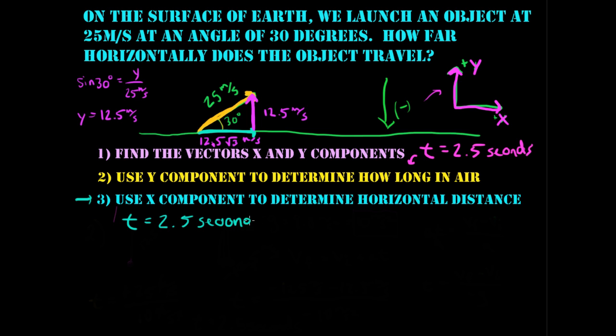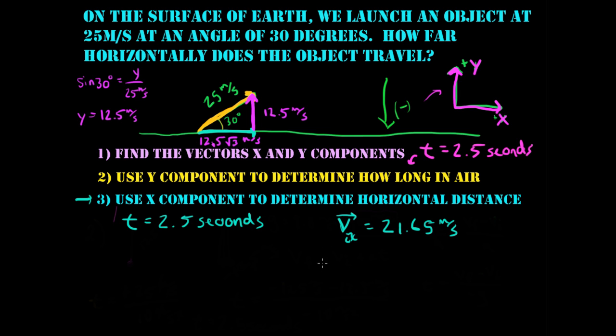Now this part should not be challenging. We said that 12.5 square roots of 3 is roughly 21. So our initial velocity in the x direction is going to be 21.65 meters per second.